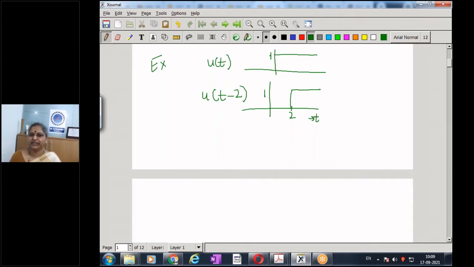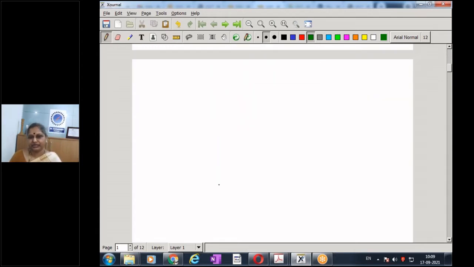and we can generalize this result. Even though we saw it for the delta t impulse and the unit step function, by observing the above results, we can generalize.